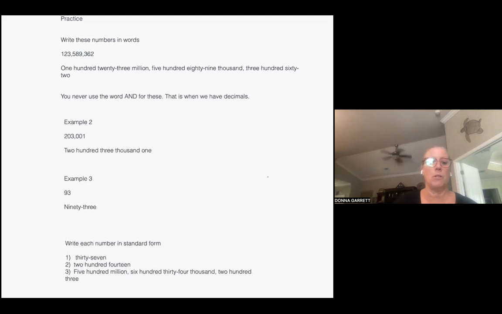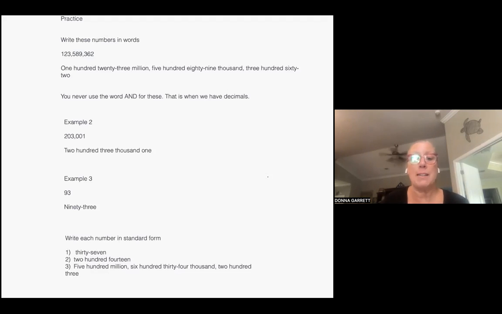Standard form means that we're gonna write the number. What number are they saying? We're gonna write it in the right form. So the first one is 37. The second one is 214. And the third one, 500,634,203. All right, so what I want you guys to do is in your notes, I'll give you like a minute, write down what numbers you think they are. How would you write them out as numbers? And then I'll write them out and I'll show you what they are.